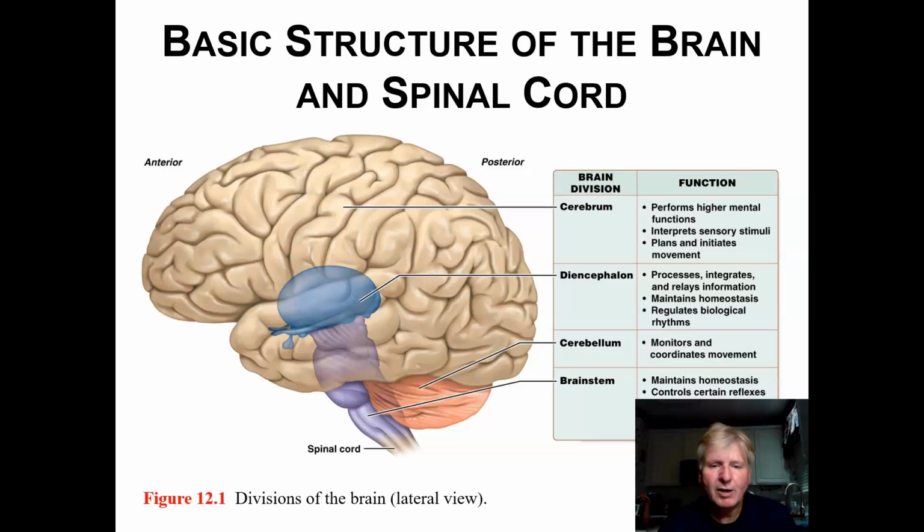And then finally, the brainstem, which consists of the midbrain, pons, and medulla oblongata. Of course, the brainstem works with the diencephalon in maintaining homeostasis, controlling many of your reflexes, monitoring movement, as well as integrating and relaying information to other parts of the brain.